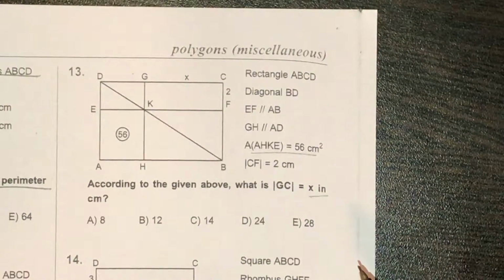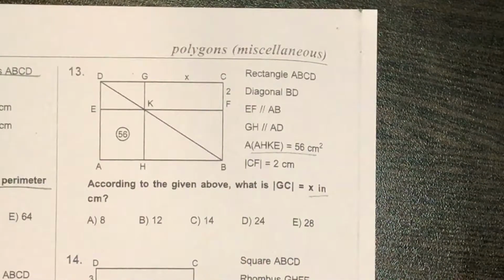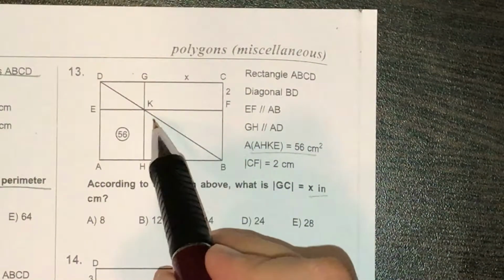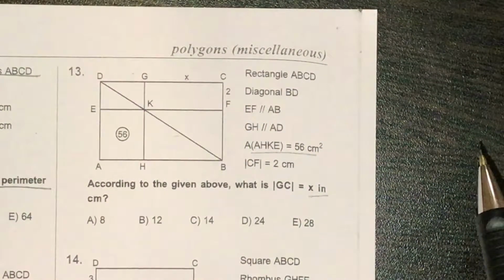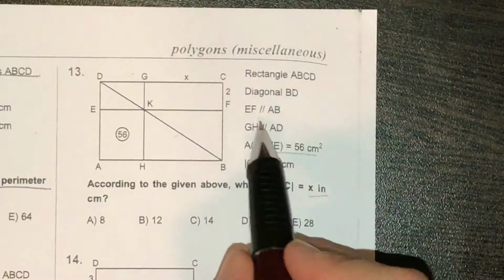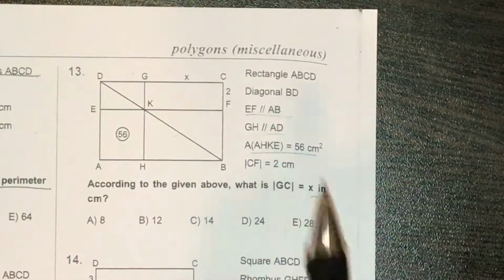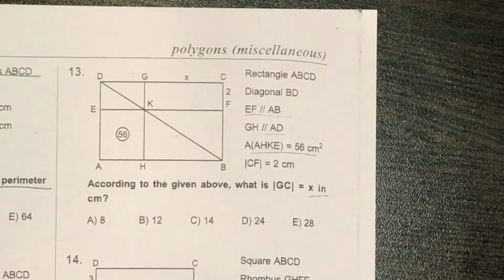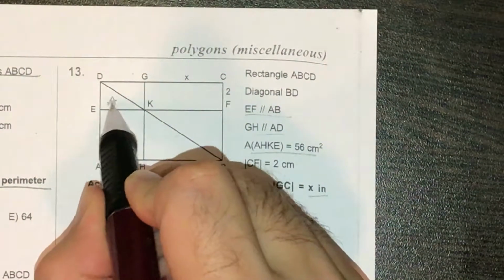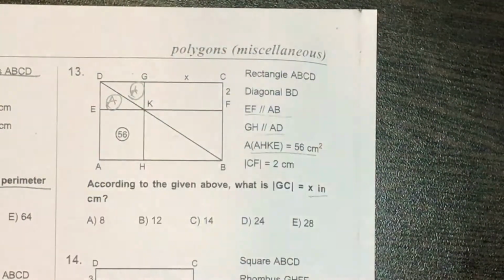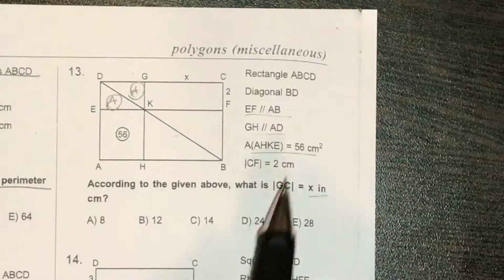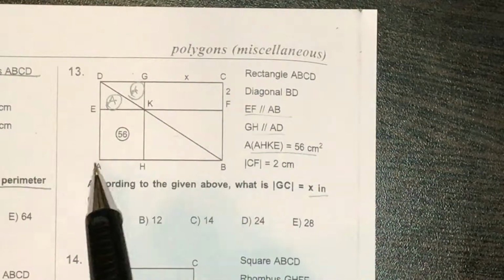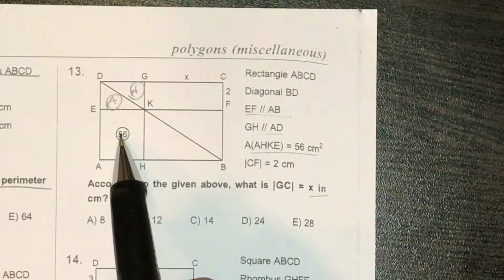Do we know the length, do we know the area of this rectangle? Not yet. But we know that these are parallel as well. Okay. Let's say this is A. This must be A, remember. And it says AHKA. This is 56.